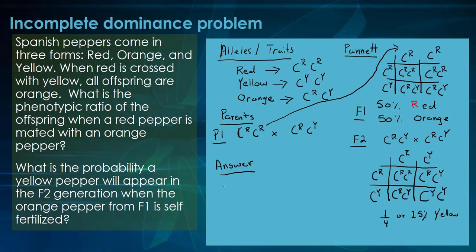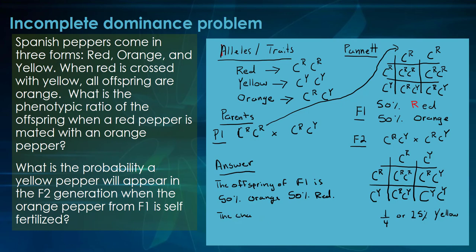Okay, so we had a two-part question. First of all, we've got the offspring of the F1 generation. It's 50% orange, 50% red. And lastly, the chance or probability. Oops, we should use the word chance correctly.